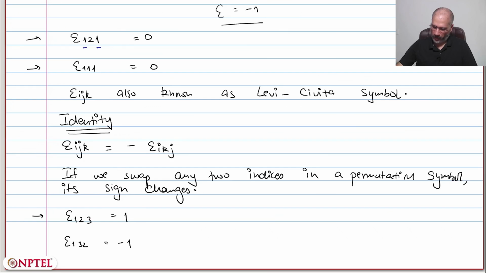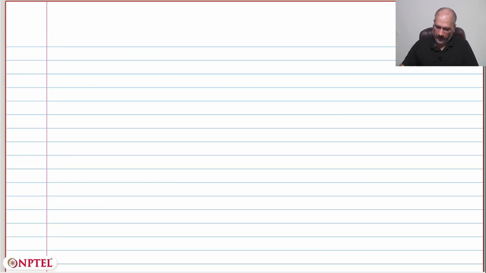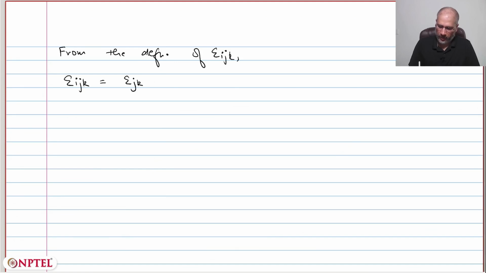Also, because the ordering is the same, for a general case, we can write, although this does not follow from the identity, but from the definition of epsilon, epsilon ijk is the same as epsilon jki, which is the same as epsilon kij, because in all three cases the ordering is still the same.